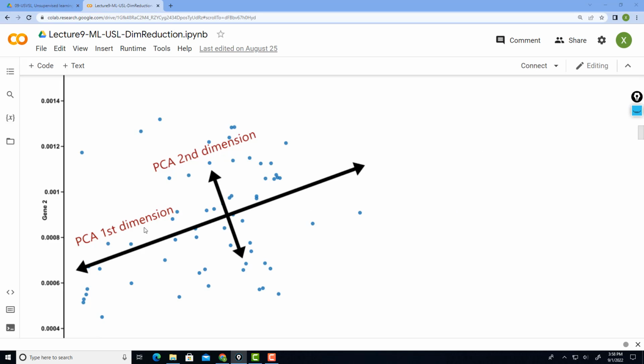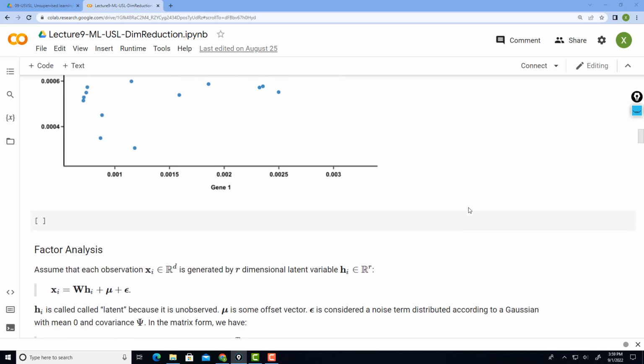If you are not satisfied with the first principal component subspace, you can add the second principal component subspace. In this specific example, if your original feature dimension is 2, then you capture all the variability in the original data points. But if you only use a one-dimensional space, you still capture a certain percentage of the variability of the original observations.